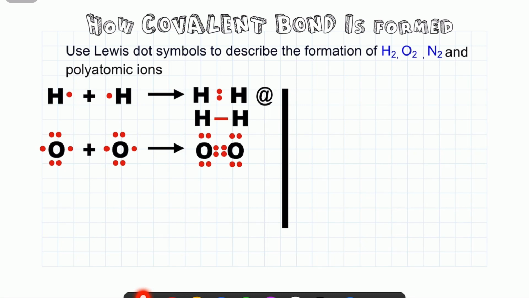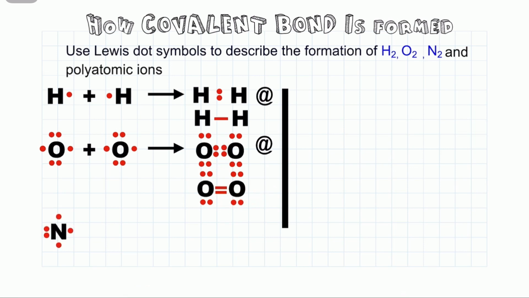We know that one covalent bond is equivalent to 2 electrons, so if there are 4 electrons, it means there are 2 covalent bonds. You can also write the Lewis dot symbol for the oxygen molecule like this, where you convert the Lewis dot symbol into covalent bonds.